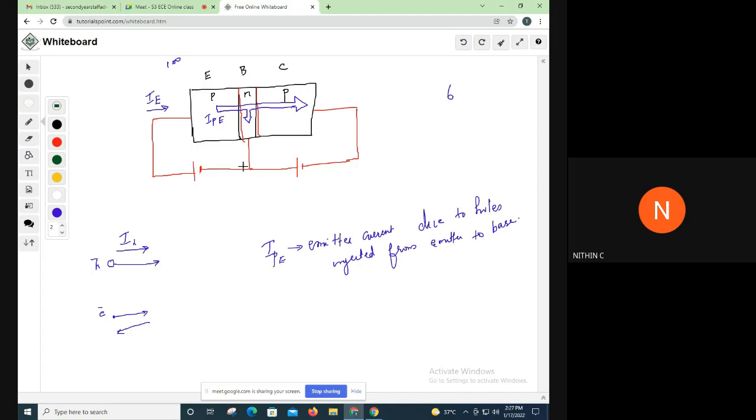If this is the biasing scheme, in which direction will the electrons be moving? Left or right? That's the question.